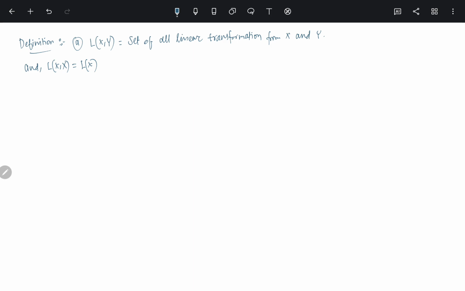Now what we are going to do is we are going to define a very important notion. So we are going to define the norm, right? So let's say for a linear map A from Rn to Rm. Clear?